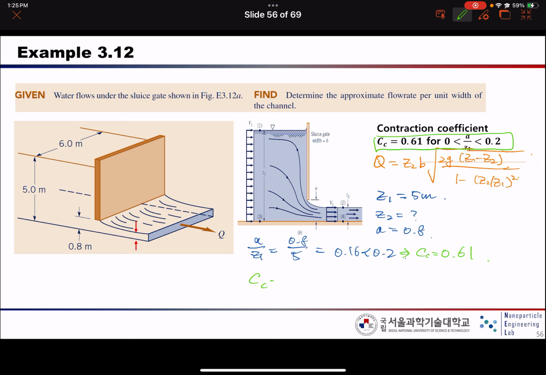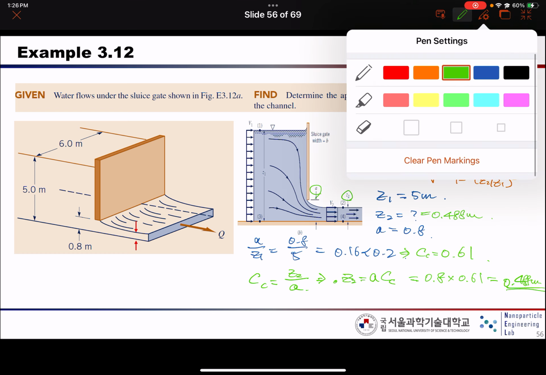So CC value over here, we can write as Z2 divided by A, right? So here we can calculate Z2 as A times CC. So here A is 0.8, CC is 0.61. So Z2 will be 0.488 meter. Okay, so now we know the Z2 value.